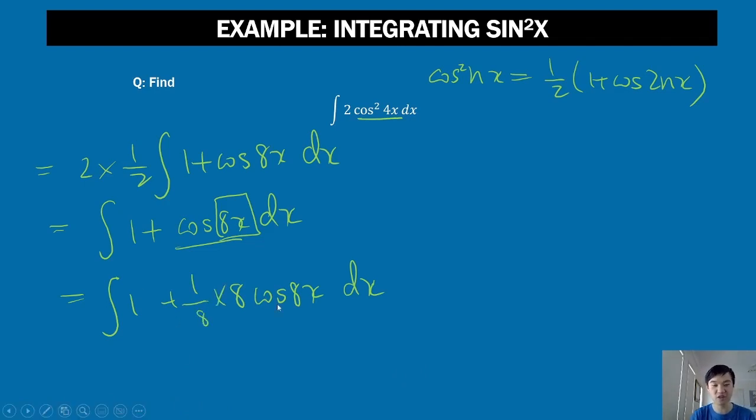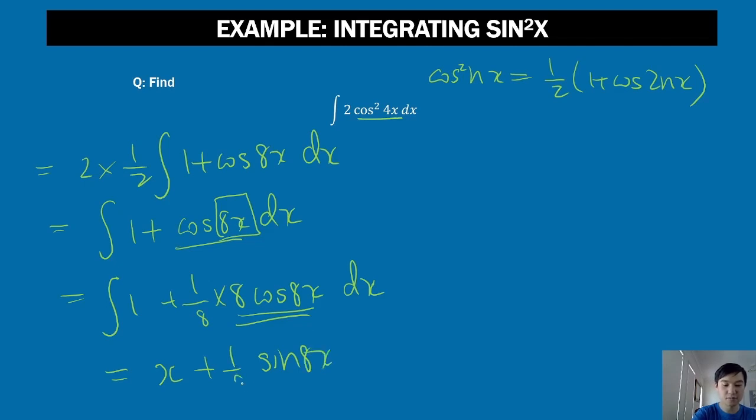So here I haven't changed the question. 1 over 8 times 8 cos 8x is just going to be cos 8x. But now this entire thing, when I integrate, will become sine 8x, because the integral of cos is sine. So when I integrate, this will be x, this will have a 1 over 8, and this entire thing will become sine 8x.